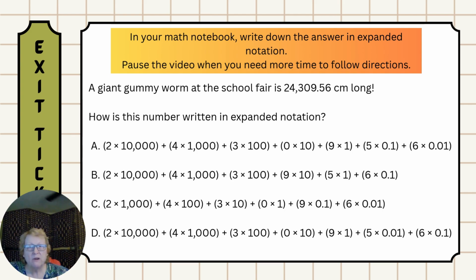So make sure that you read the math problem to begin with. Make sure you're reading the question and you are analyzing and going through the same steps that we just did in the lesson before you make your answer choice selection. If you need more time to work this problem and answer it, you can pause your video.